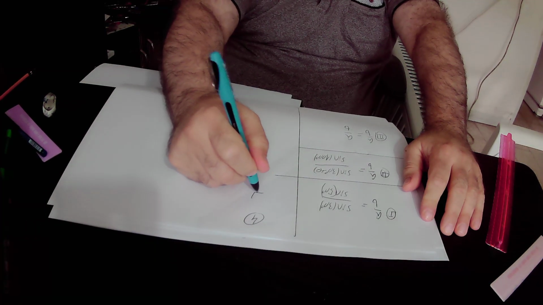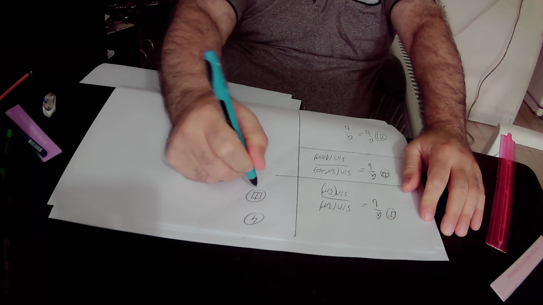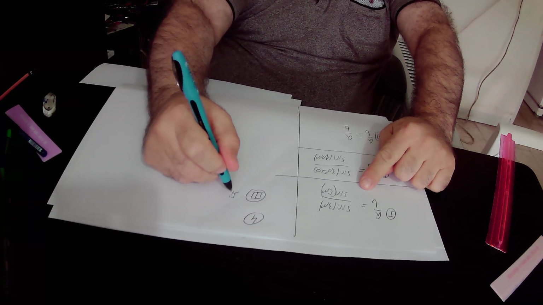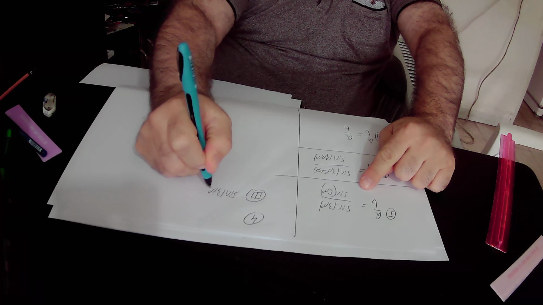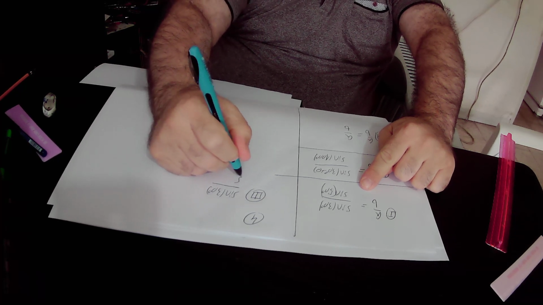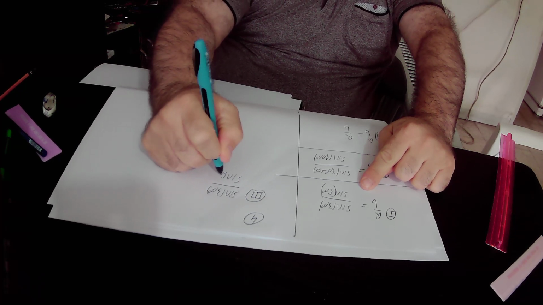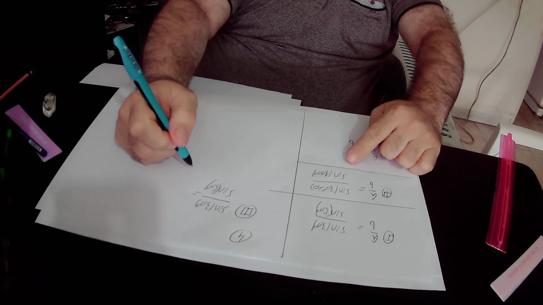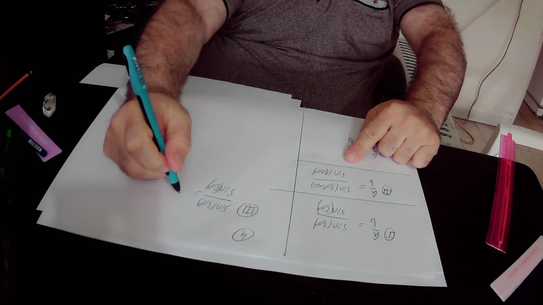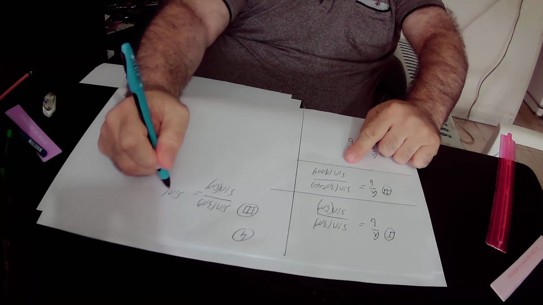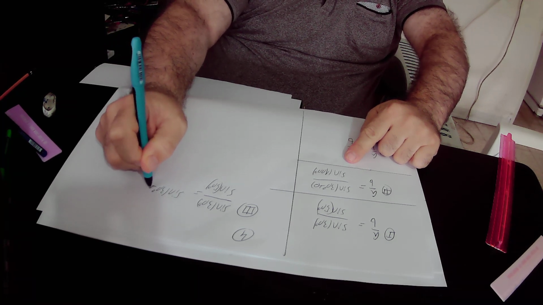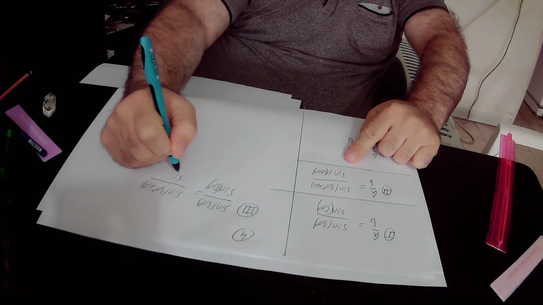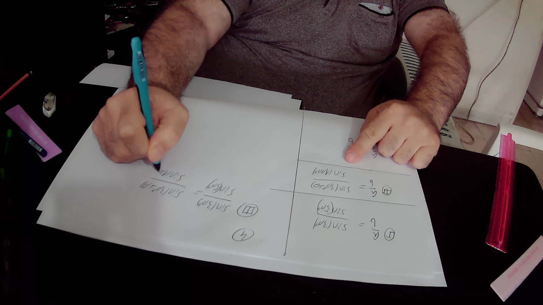So equation number 3 will be: sine 30 degrees over sine 50 degrees must be equal to sine 30 degrees plus theta over sine 100 degrees. Okay?